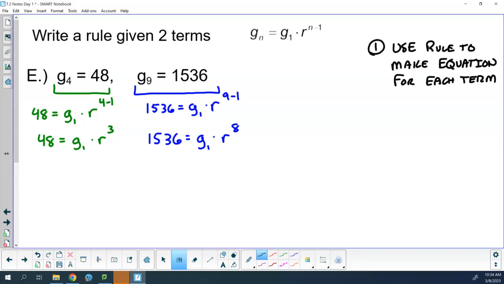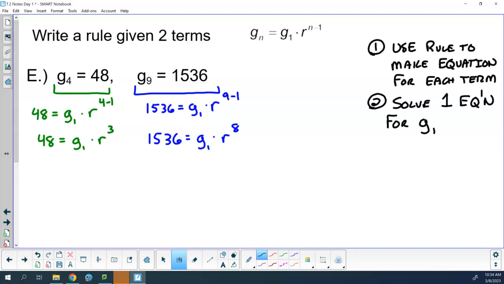So now I got green and blue. What you're going to do is solve one of the equations for g sub 1.